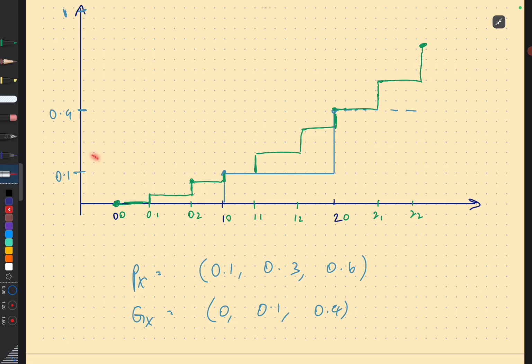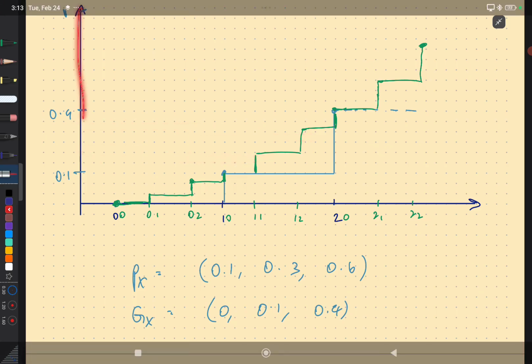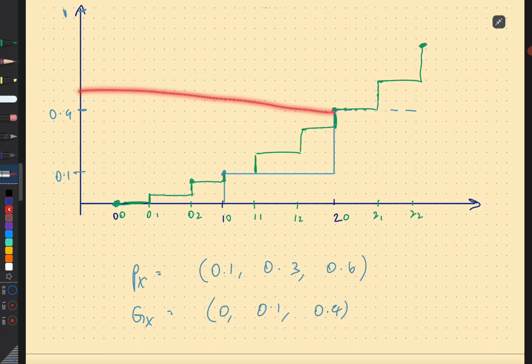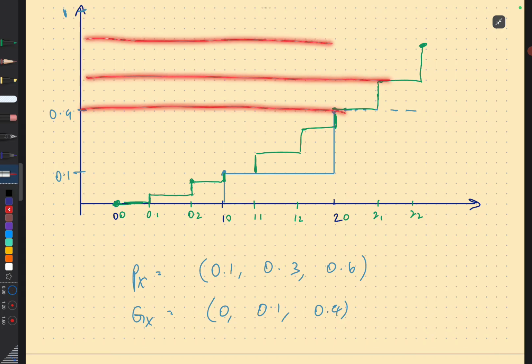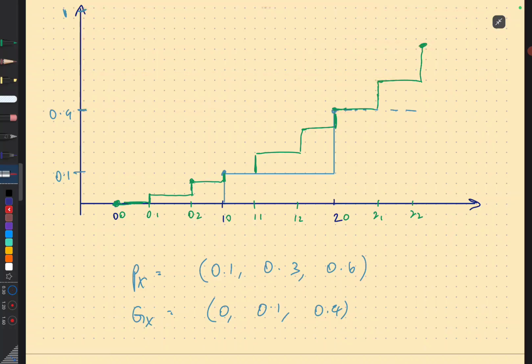It partitioned this into three subintervals, and it partitioned this interval into three subintervals. And the width of each subinterval is essentially P of x1, x2.